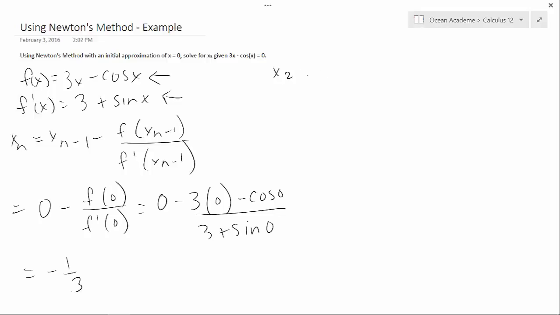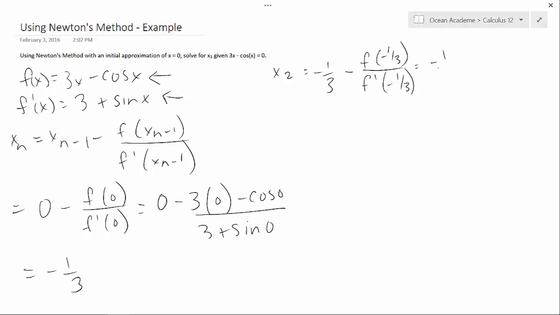So now, again, we go through the same process. We've got negative 1/3 instead of 0, minus, and we'll have our function at negative 1/3 over our derivative using negative 1/3.